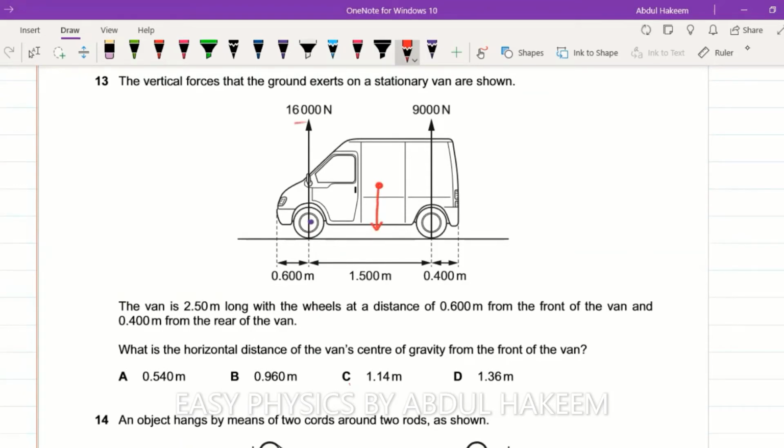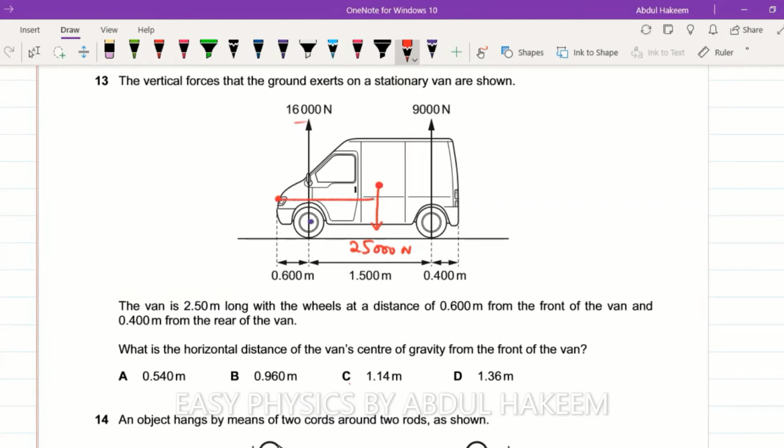So 16 and 9, 25,000 Newton is the weight of the lorry. The van is 2.5 meter long with the wheels at a distance of 0.600 meter from the front of the van and 0.400 from the rear of the van. What is the horizontal distance of the van's center of gravity from the front of this? So this is the front, so this distance is required.